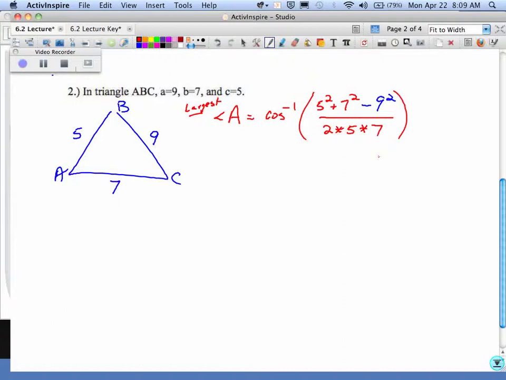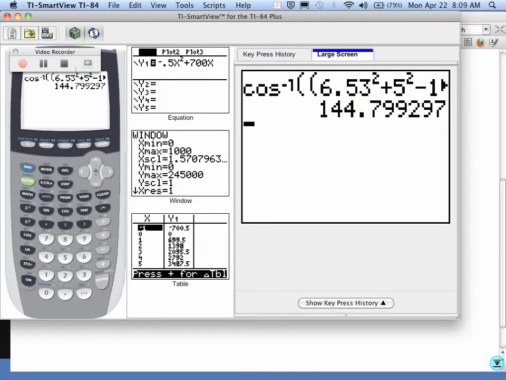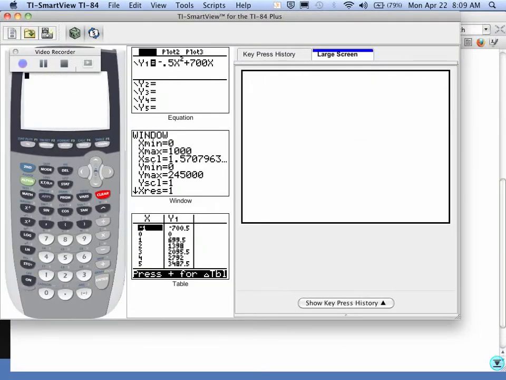And some of you are going to have trouble typing that in. So one of the things that I suggest you do is do the numerator of the cosine stuff, do the bottom, divide them, and then hit second cosine, second negative. Punch your answer in. So what I mean by that is you could go, what was it up top? 5 squared plus 7 squared minus 9 squared.